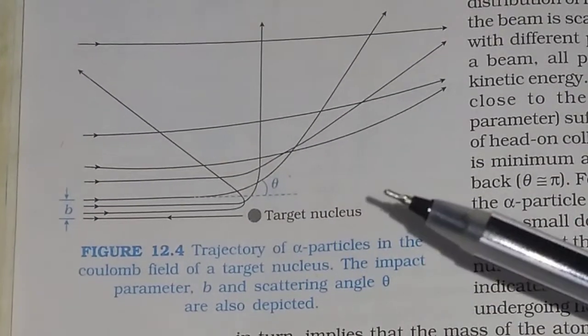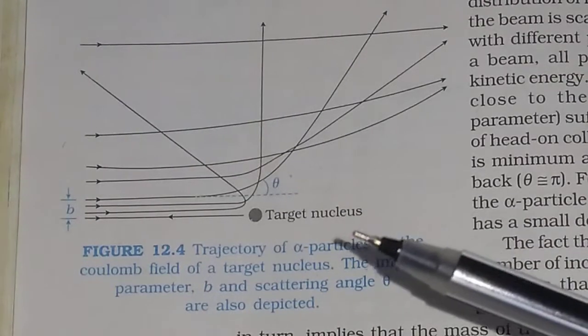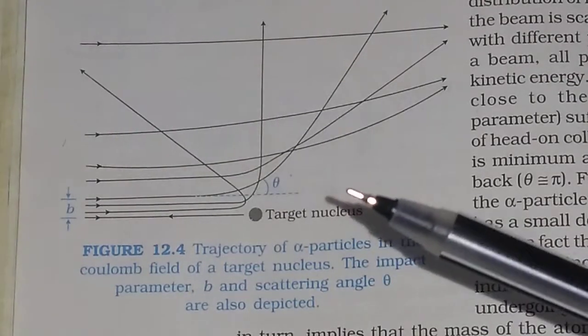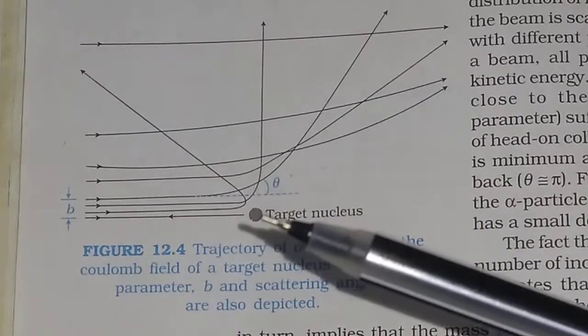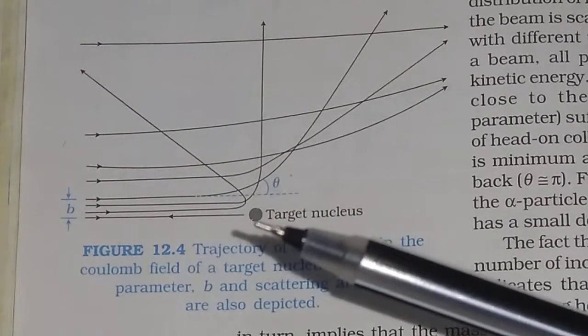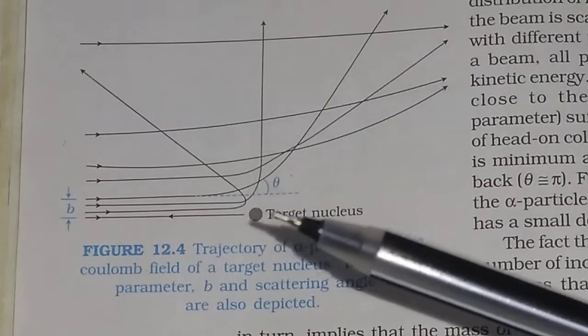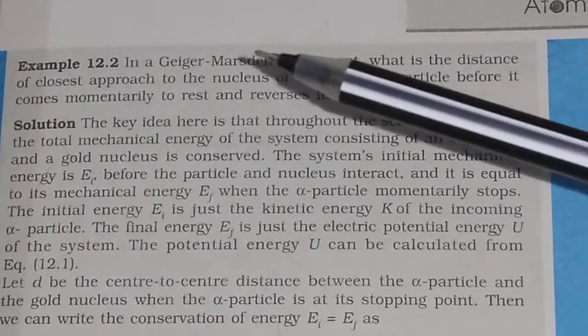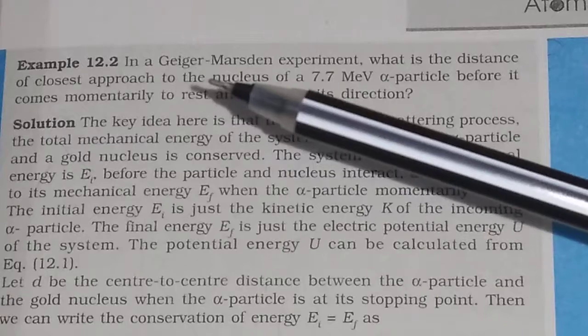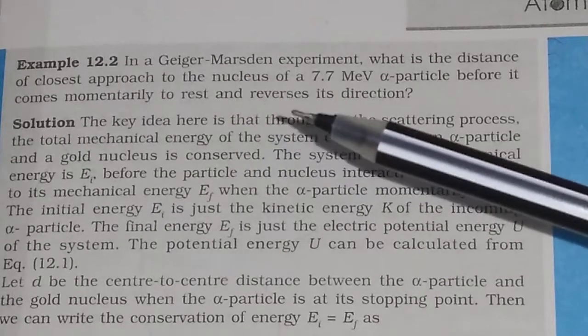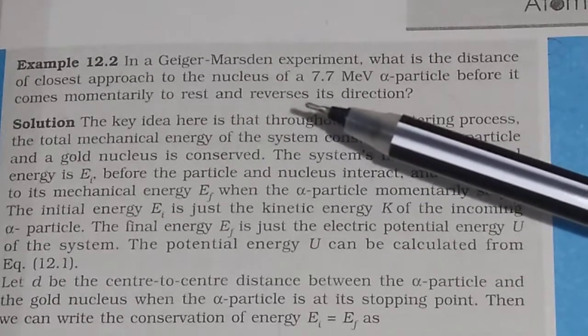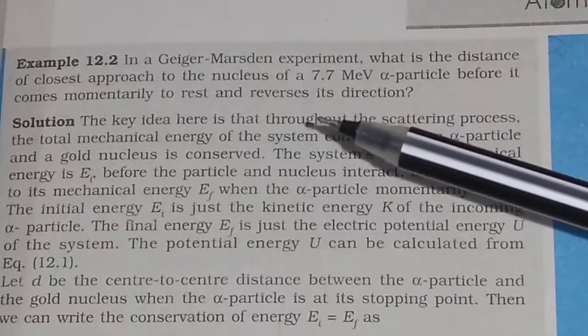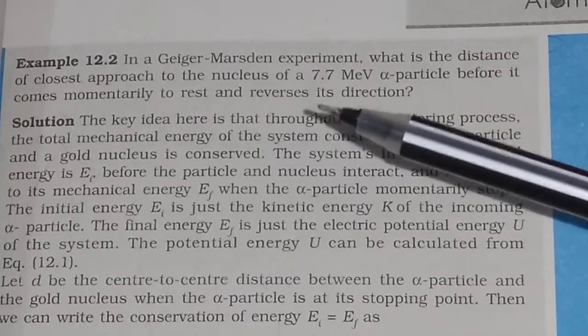Why is the impact parameter important? Because in alpha particle scattering, the alpha particle reverses its motion without touching the nucleus. Let us work out a problem. This problem, example 12.2, will give you the idea how the alpha particle reverses its motion without touching the gold nucleus.